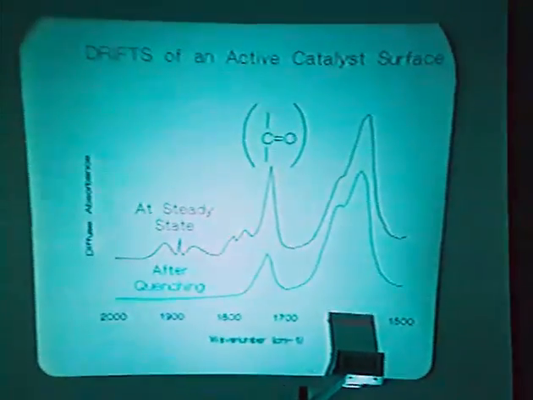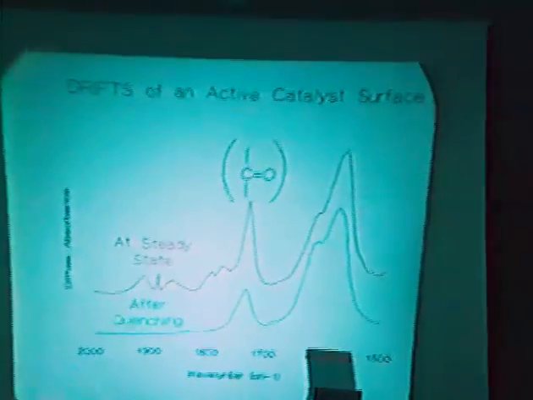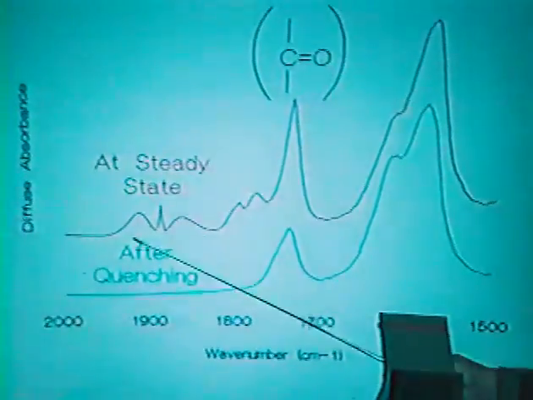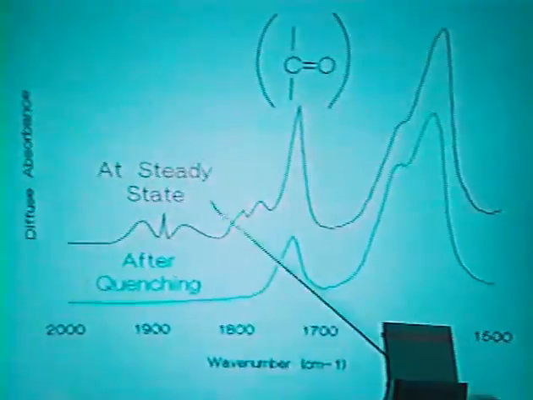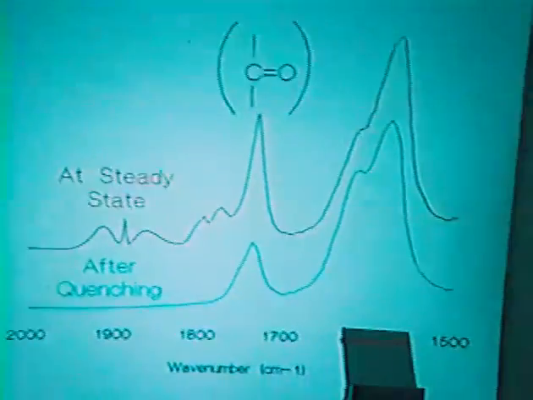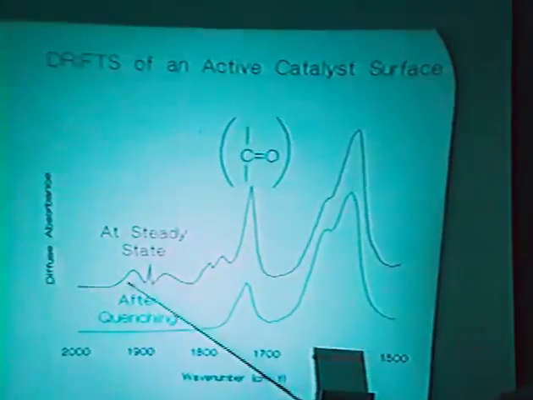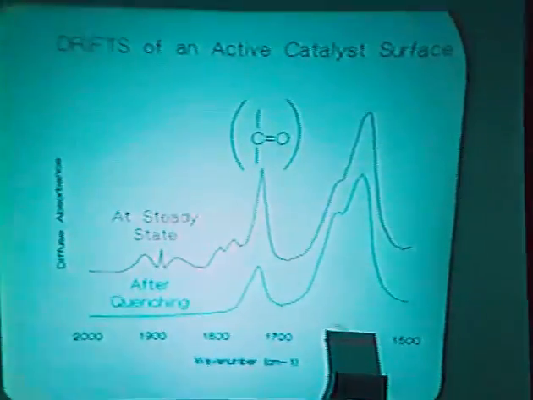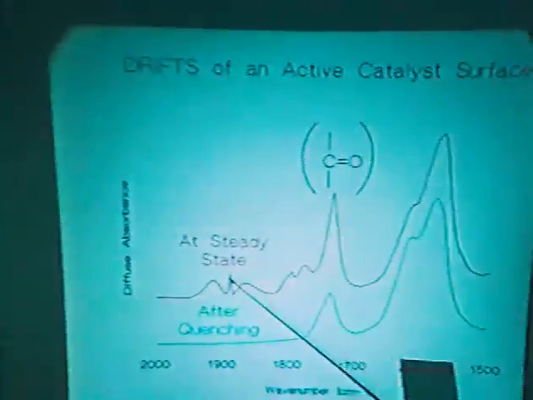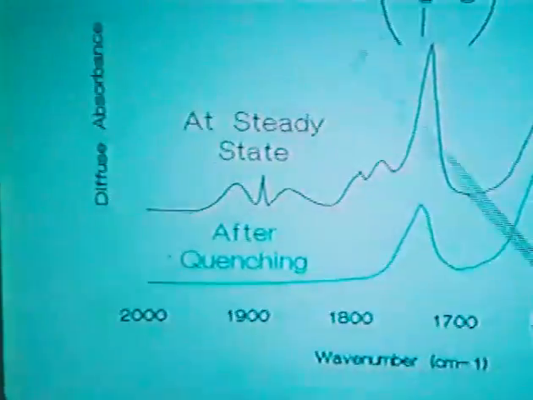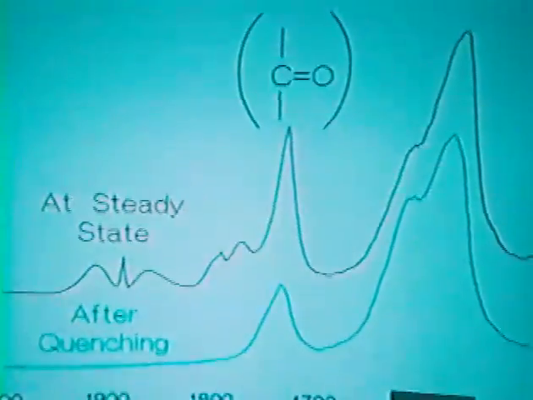The red trace is a profile we get at steady state. Basically, we've assigned all these peaks to the compounds as they flow through this mass spec independently. This group of three is due to ethylene, combination bands and a rotational-vibrational band. These three peaks here we have assigned to acetic acid.